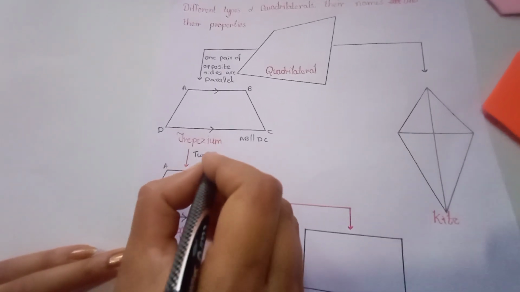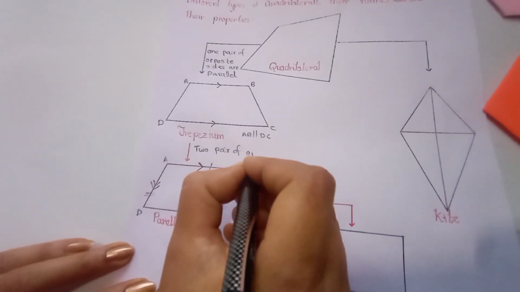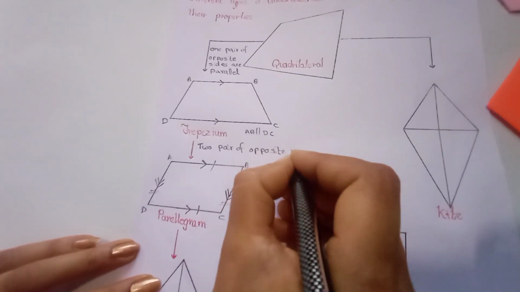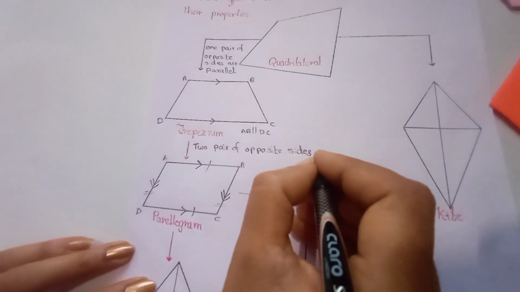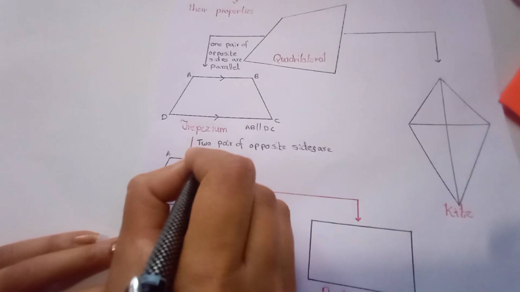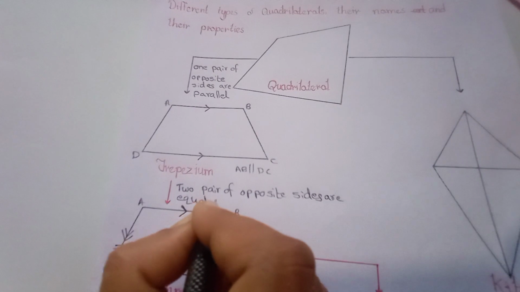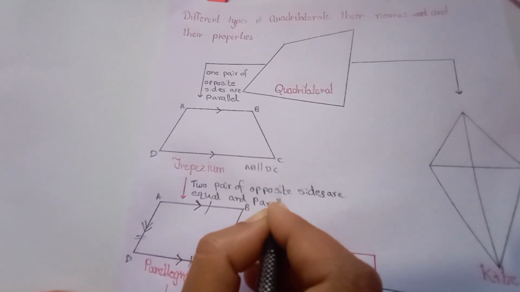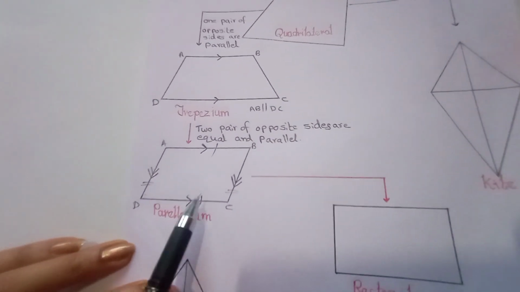Two pairs of opposite sides are equal and parallel. Then they call it a parallelogram.